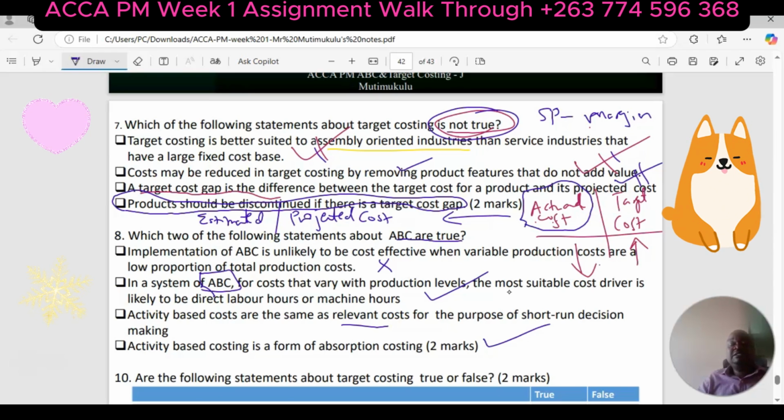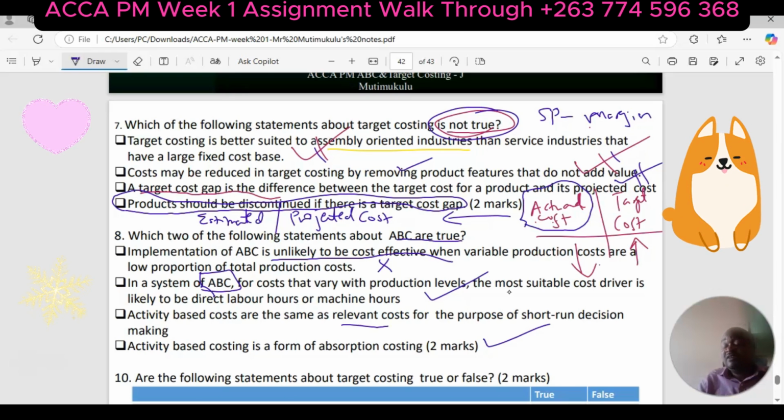ABC, being a form of absorption costing, thrives where the larger proportion of production costs are fixed or are overheads. So this is why A is wrong, because it is simply saying that implementation of ABC is unlikely to be cost effective, when it is going to be cost effective. Why? Because it gives us more insights in a situation where variable production costs are so low, but overhead production costs are large.